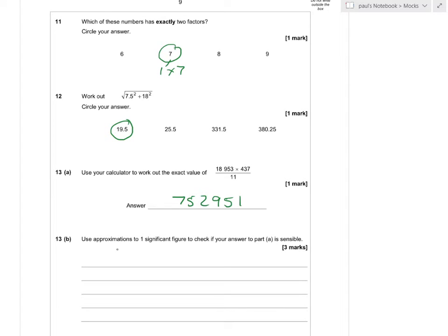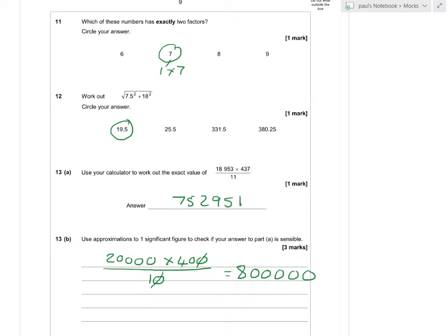Yeah. Use approximations to one significant figure to check your answer is sensible. One significant figure would be 20000 times 400 divided by 10, 0. Okay, let's cancel a bit of that out, yeah? 2 4s are 8, and then we got 1, 2, 3, 4, 5 zeros on the end.